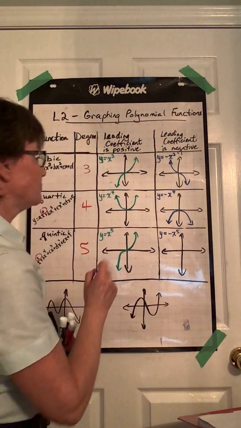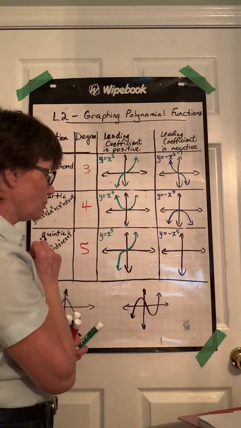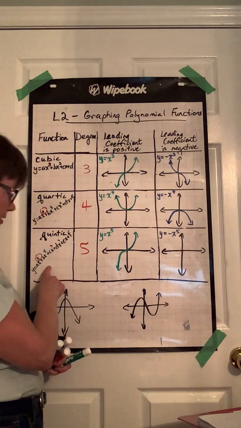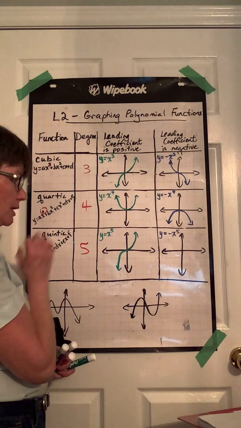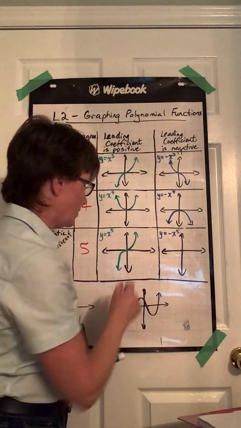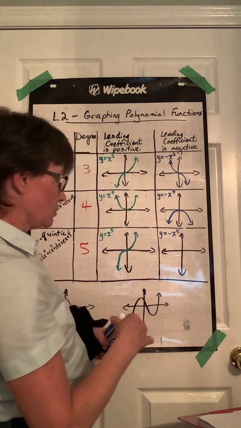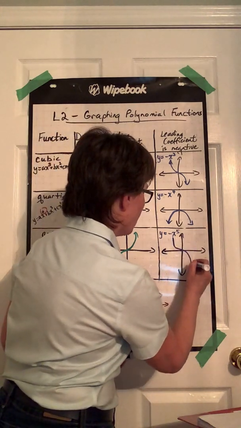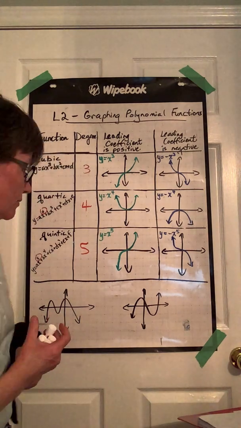And again, this looks quite a bit like a cubic the way I've drawn it, the most simple one. But as these numbers get added in, if b is not 0, c is not 0, and so on, they're going to create different situations, and we could have a couple curves in here as well. Okay, but we're just dealing with some simple ones to give you the idea of end behavior and leading coefficients.